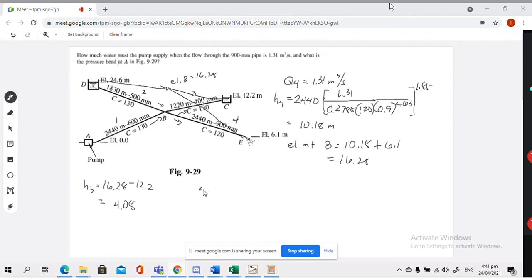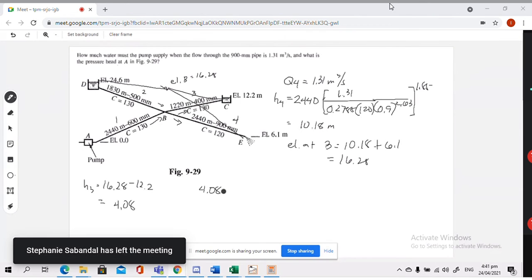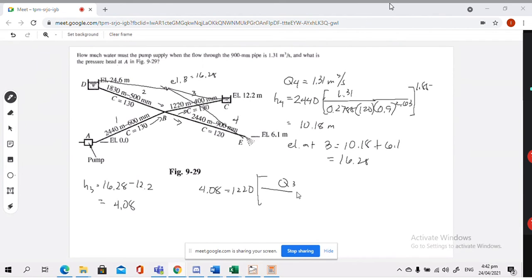So 4.08 is equal to L nga 1,220 times Q3 which is unknown over 0.2785, C nga 130, D nga 0.4 to the 2.63 to the 1.85.